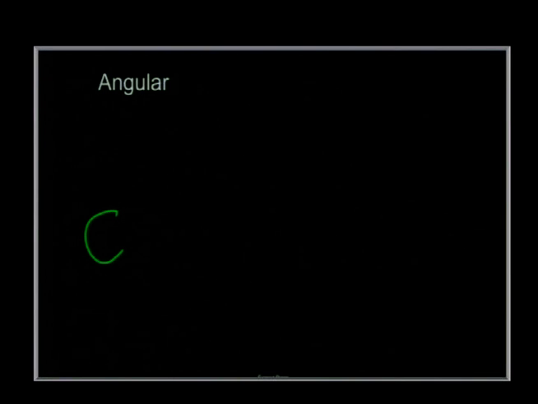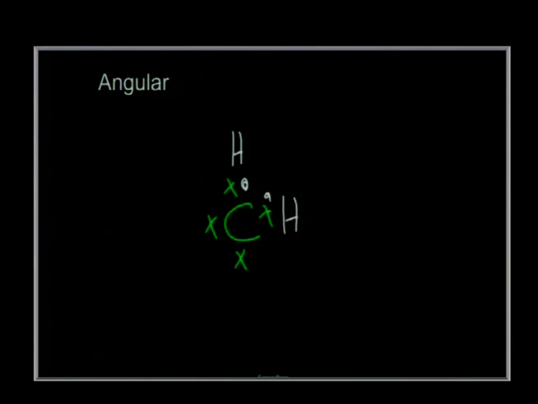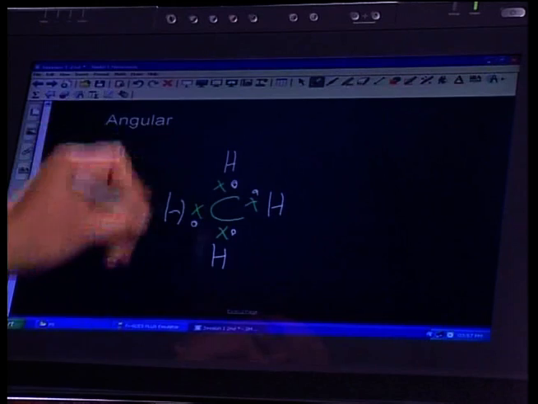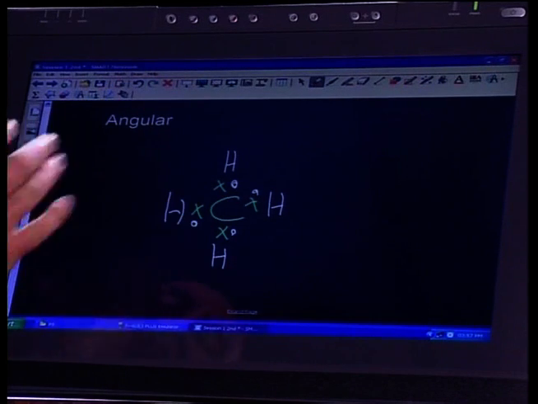If you draw the Lewis structure of this molecule, we would draw four electrons for the carbon, and then put in a dot for each hydrogen. We would draw the structure like this, even though we know the shape isn't at 90 degrees. We know it's the tetrahedral shape.